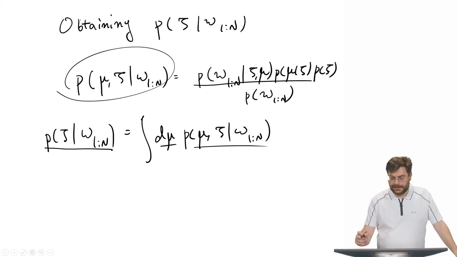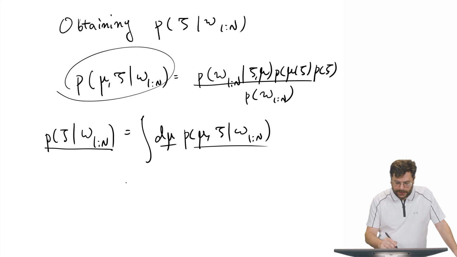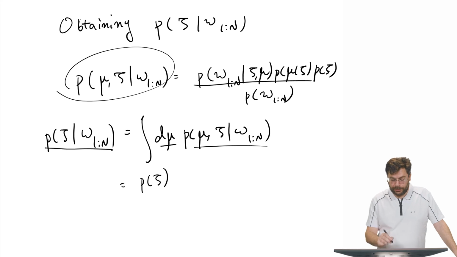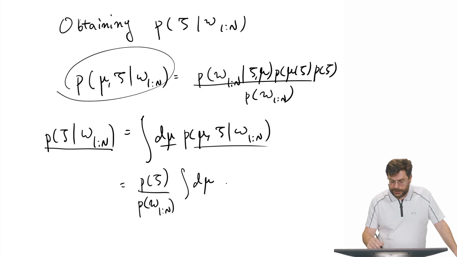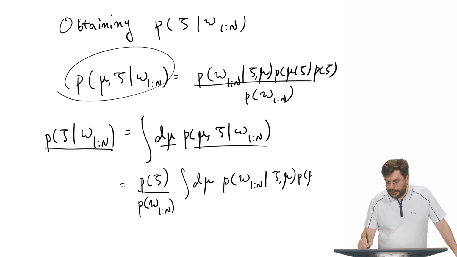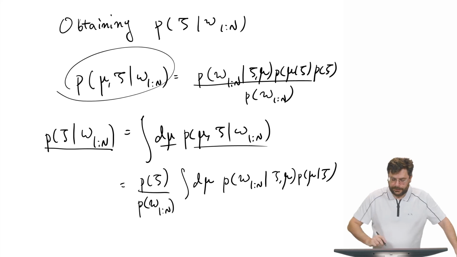Well, let's think for a second. This is really the integral. And let's pull the stuff that does not depend on mu out of the integral because I don't care about it. It's not being affected by the integration operation. I have p of w1 to n given tau and mu, p of mu given tau.